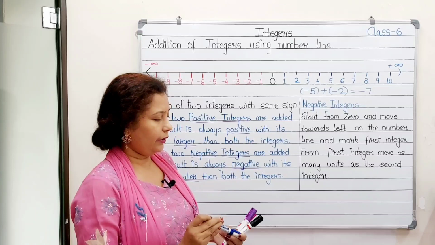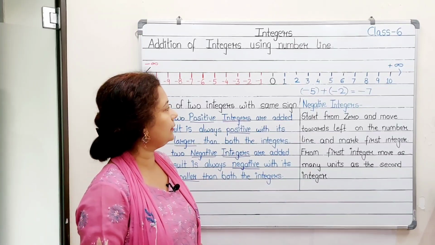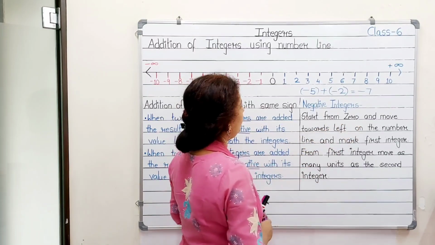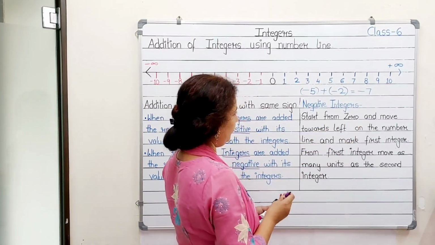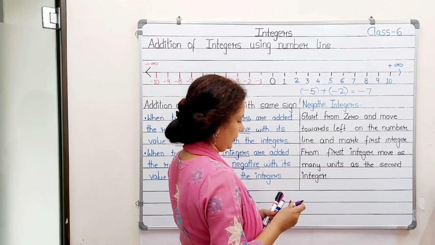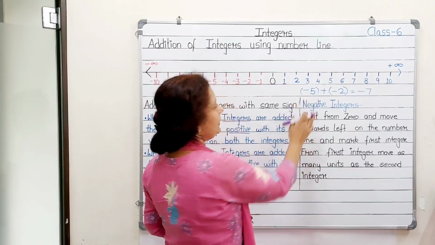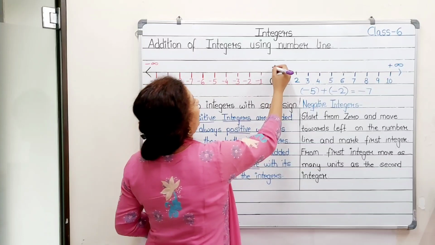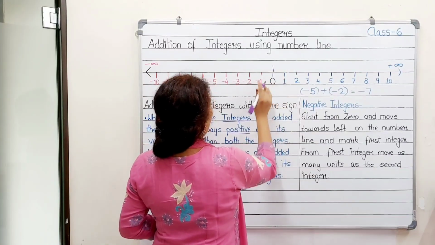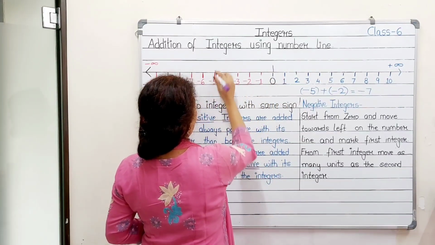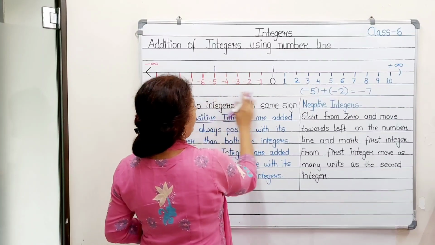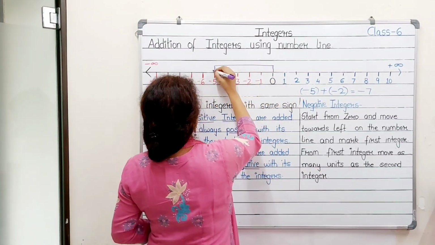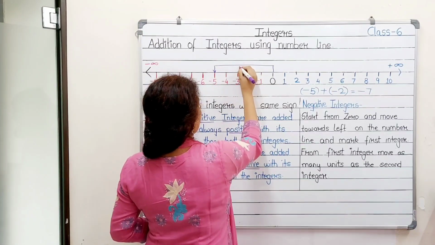Now here is how you have to mark it on the number line. Again we'll start from 0 and mark the first integer. The first integer is -5. So we will move on the left side of 0: 1, 2, 3, 4, 5, and mark -5 as the first integer.